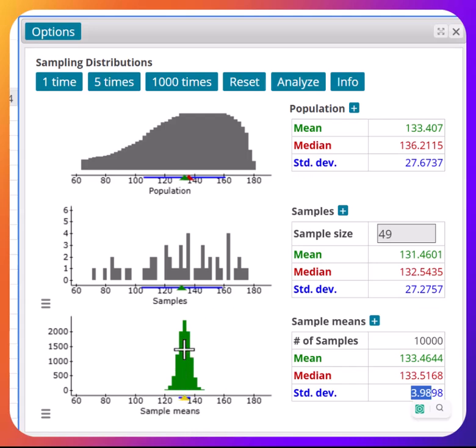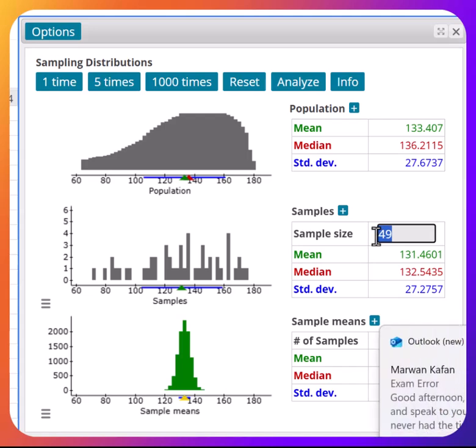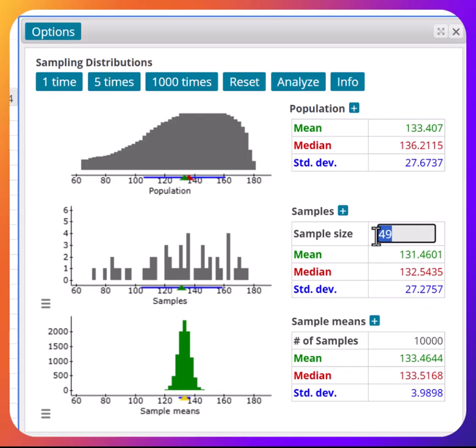The standard deviation of the sample means will be equal to the original standard deviation divided by the square root of the sample size. The only thing you have to be aware of, if you work with populations that are not bell-shaped, like this one, is that you have to make sure your sample size is 30 or more to be considered a large sample size. So this is the central limit theorem.